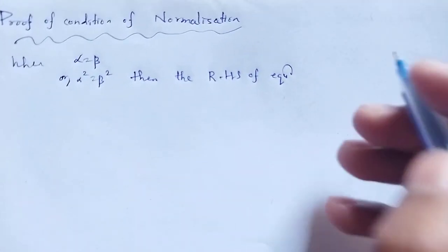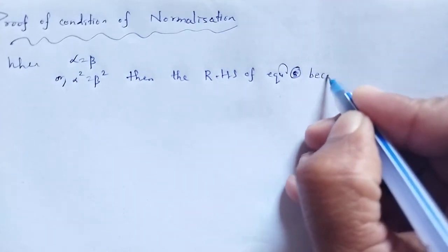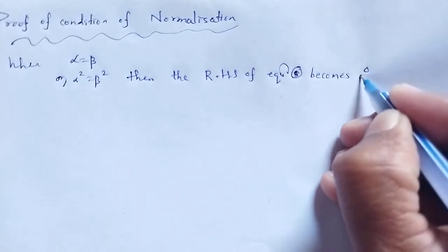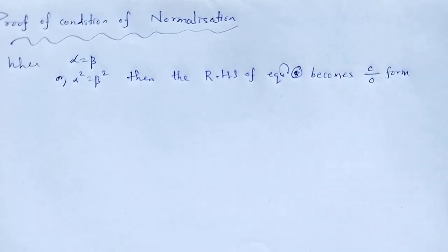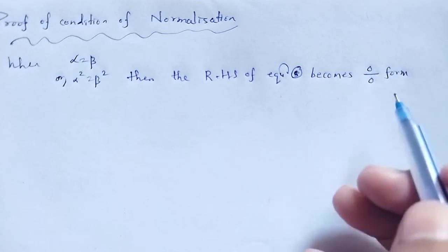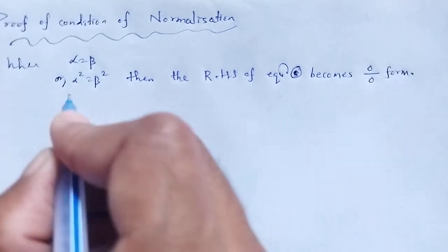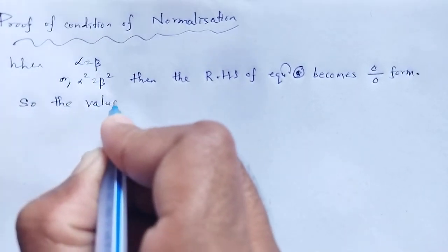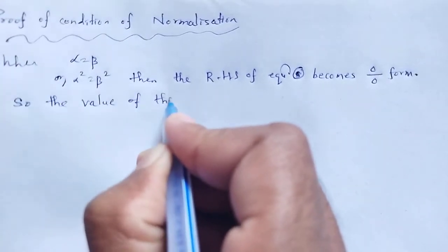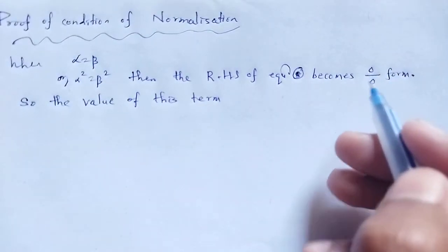Equation 8 becomes 0 by 0 form, that is an indeterminate form. So the value of this term, since it is 0 by 0, we have to calculate its value.